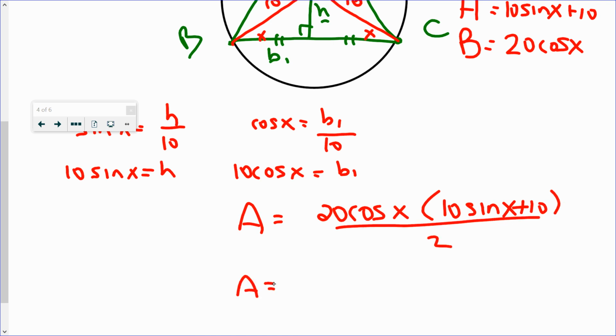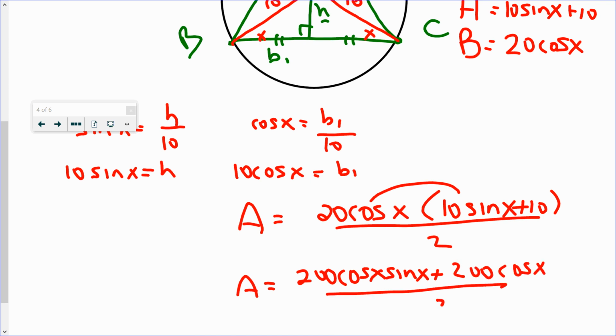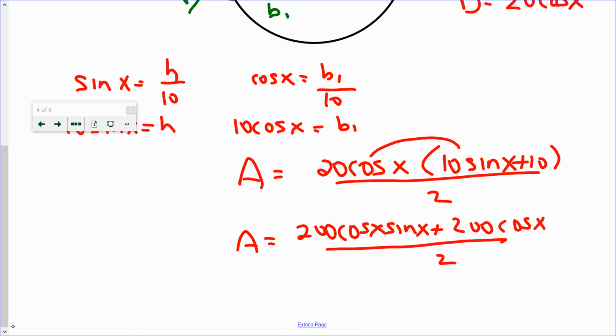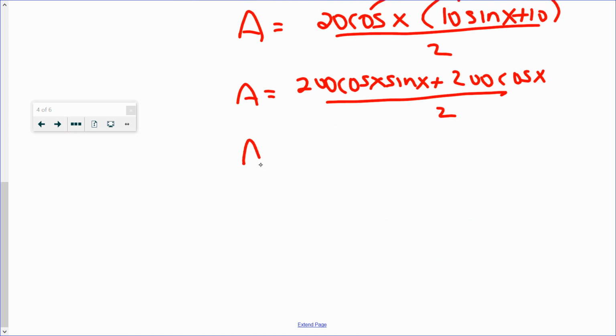So distributing this in, I have 200 cos X sine X plus 20 times 10, 200 cos X, all divided by 2. Okay, so that is going to be, divide everything by 2, 100. I'm going to write it as sine X cos X. Doesn't really matter, but I'm going to write it like that because then I see a double angle identity here.